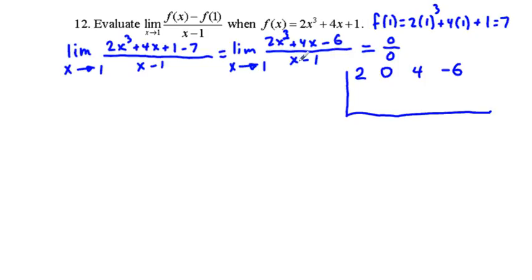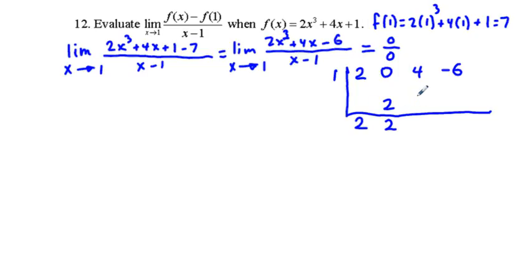Well, for x minus 1, we have to use 1 as the value of k, because it's going to be x minus k to find k's factor. So we're going to go ahead and use synthetic division. We bring down this 2 in the x squared's place. 1 times 2 is 2. 0 plus 2 is 2.